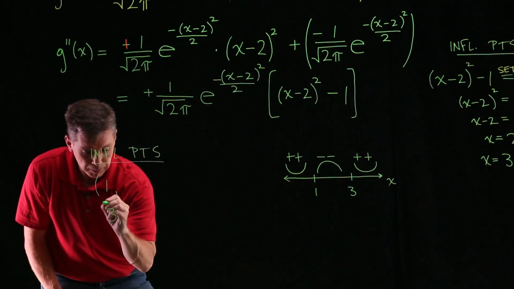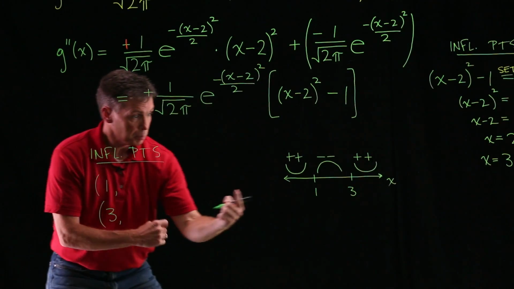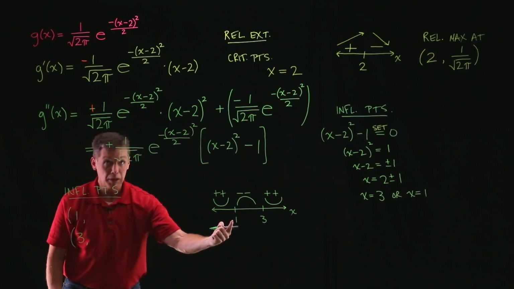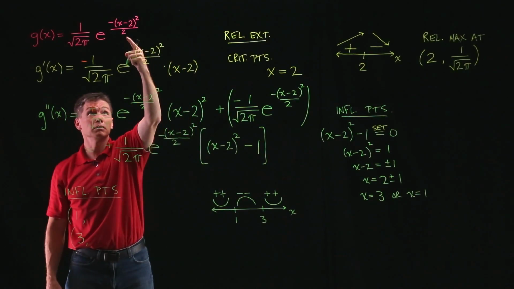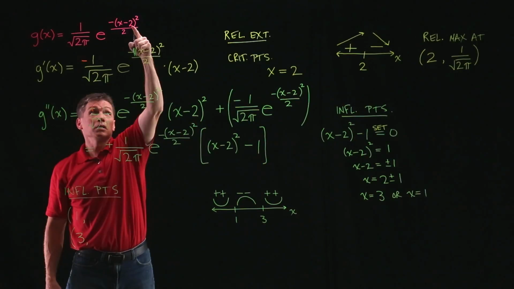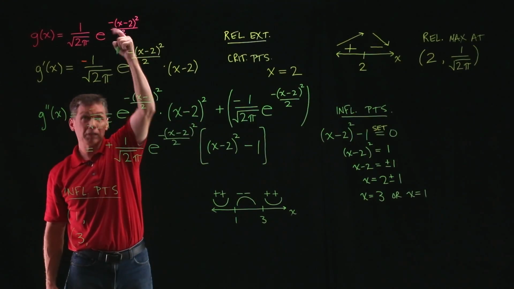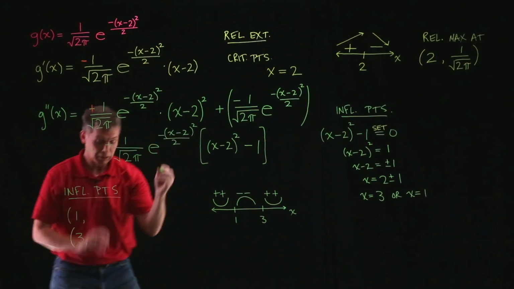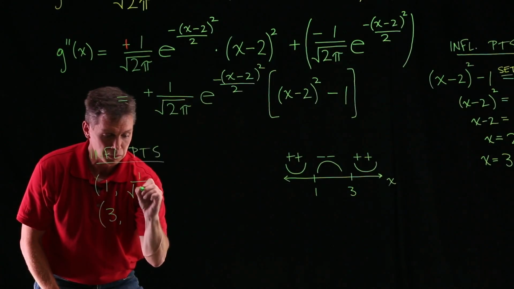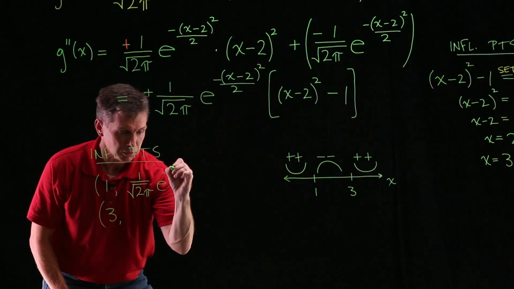And then 3 comma. And I need my y values, which are going to come from plugging these x values into the original function. So let's grab the value of 1, and plug all the way up in here. 1 minus 2 is negative 1, but squared is positive 1. So I'm looking at an exponent up there of minus 1/2. I have my coefficient 1 over square root 2 pi, and then e raised to the minus 1/2.